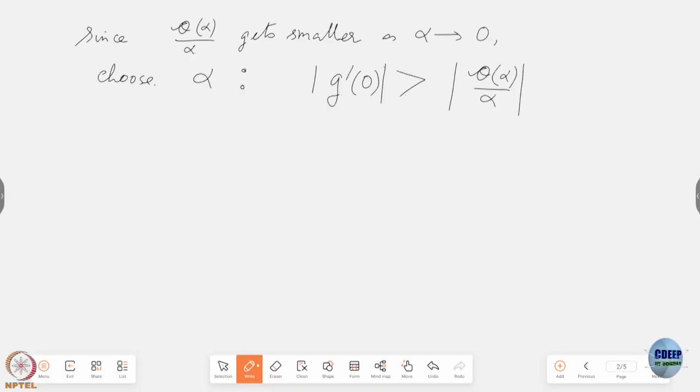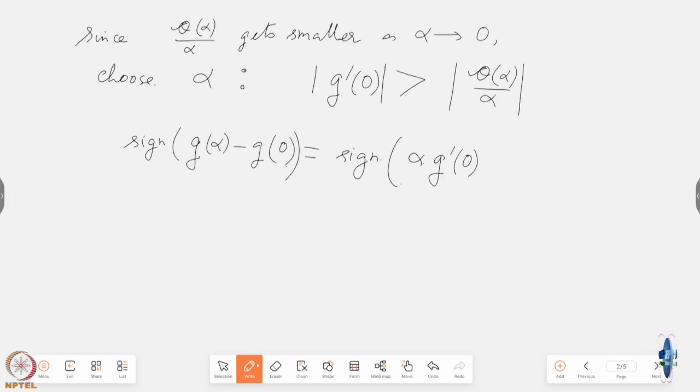Let's go back to the sign of g alpha minus g 0, which is equal to the sign of, what was the term? Alpha g prime 0 plus this.